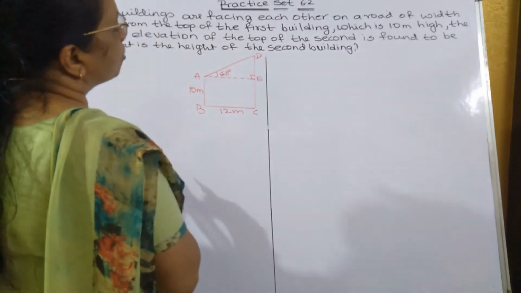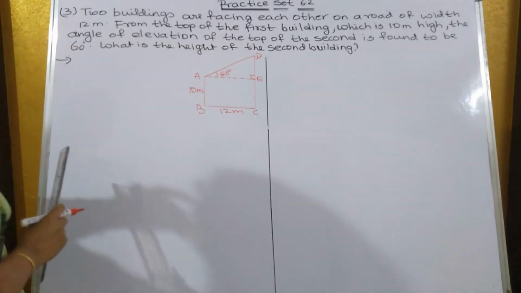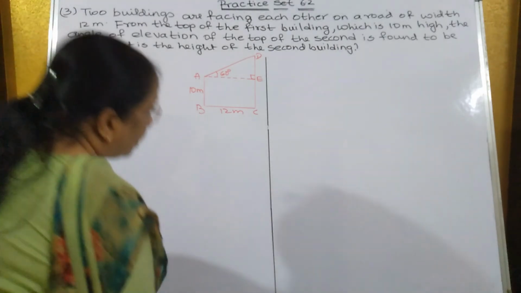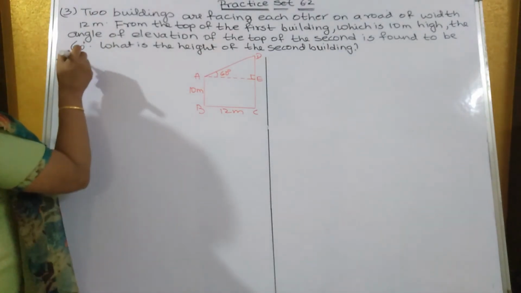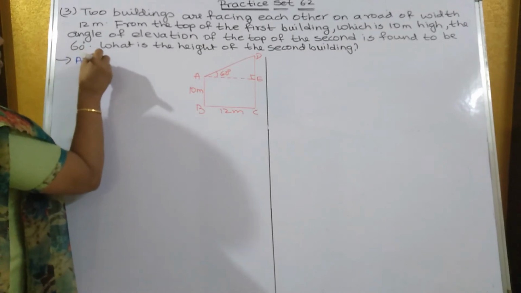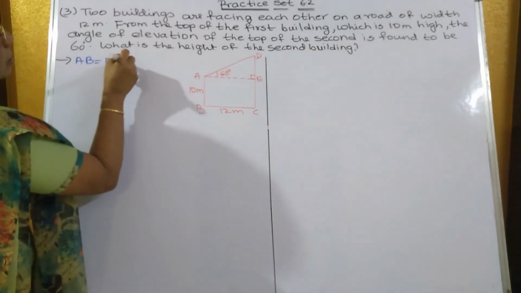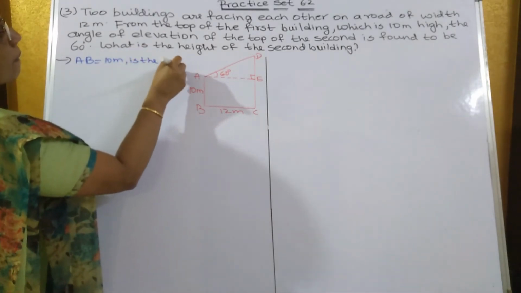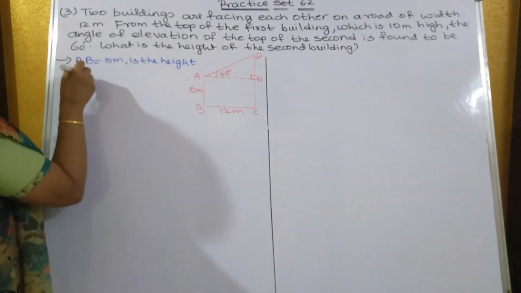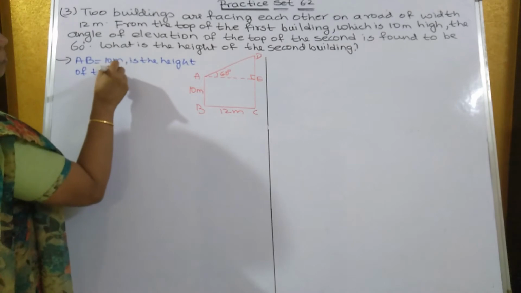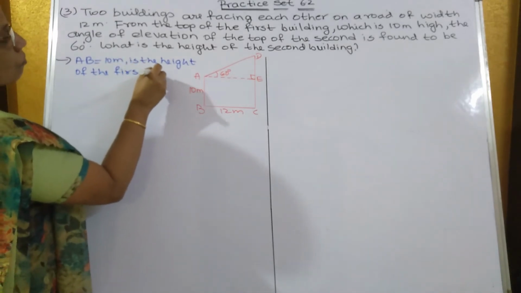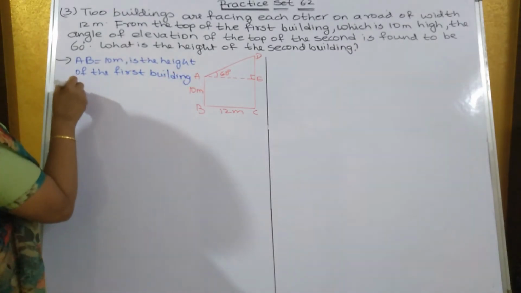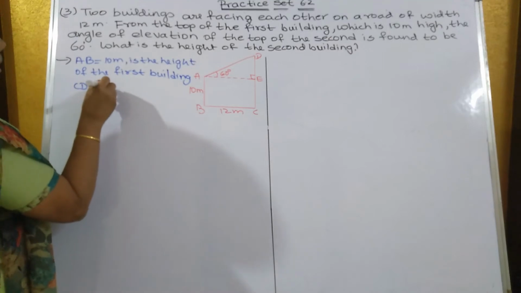So we have to find out the height of the second building, that is CD. Now AB is equal to 10 meter, the height of the first building, and CD is the height of the second building.